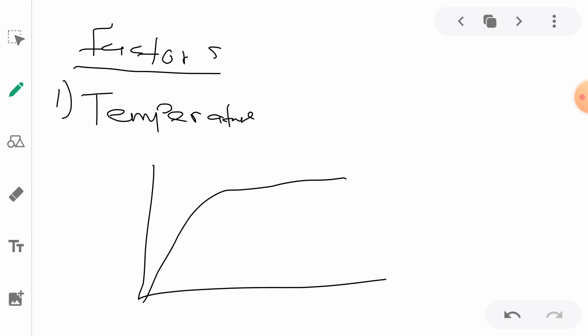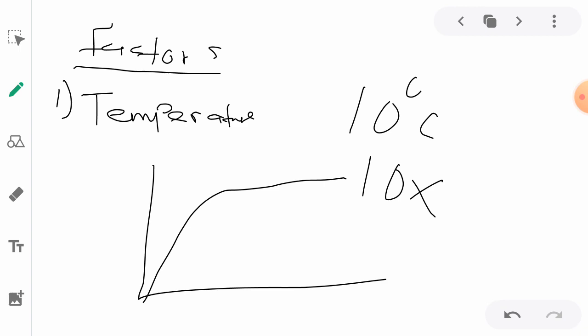As temperature increases at a certain degree, maybe a double of 10 degrees Celsius, there's an increase in the rate of photosynthesis by 10. Okay, so what are we saying? When temperature increases, the rate of photosynthesis also increases, but this temperature should not exceed the maximum or the optimum temperature that is needed to activate the enzymes.